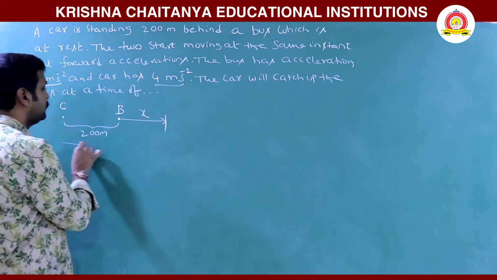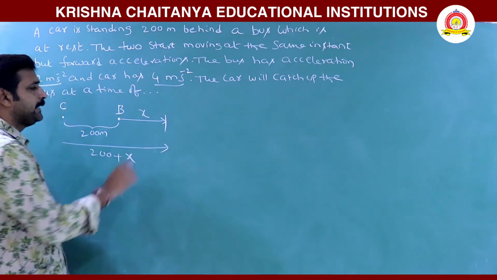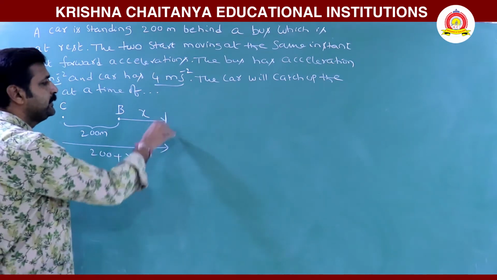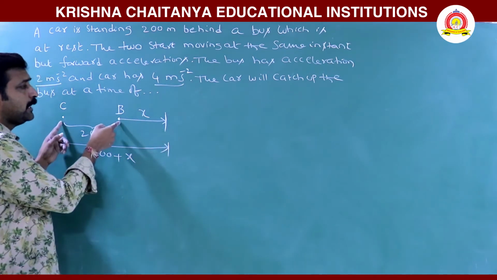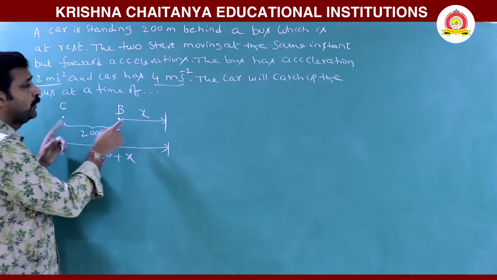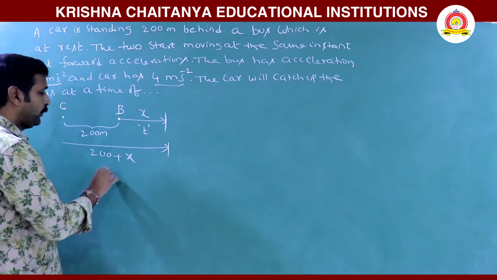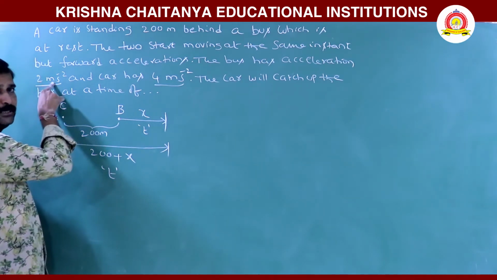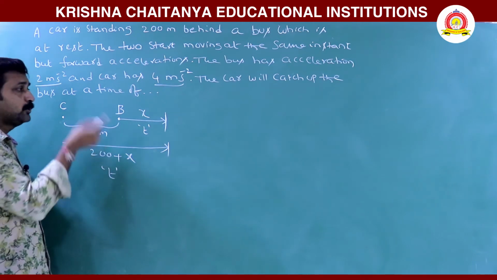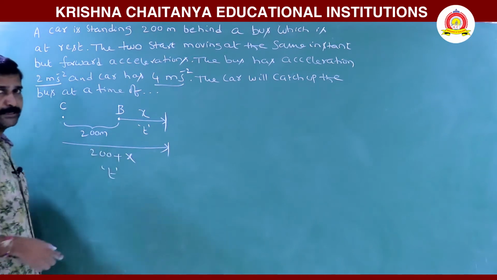So the car has to travel 200 plus x, then they meet each other, right? Since both started at the same time, during time t the bus moves x. During the same time t, since the car has more acceleration, its speed rises up, so it travels 200 plus x.